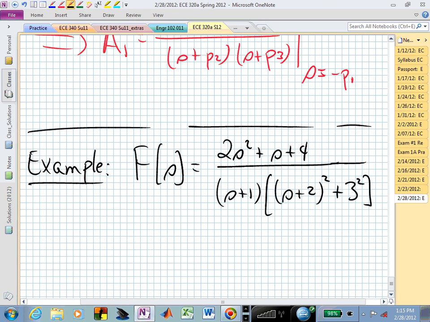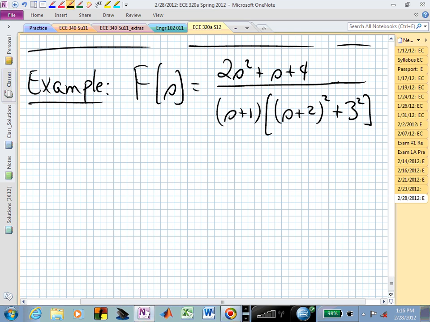What are the roots of my denominator, or where are my poles? The easy pole... or how am I now going to rewrite this? I'm now going to rewrite F(s).